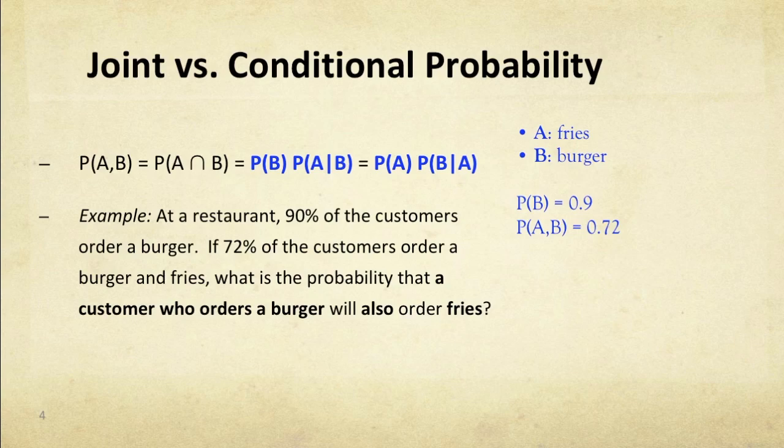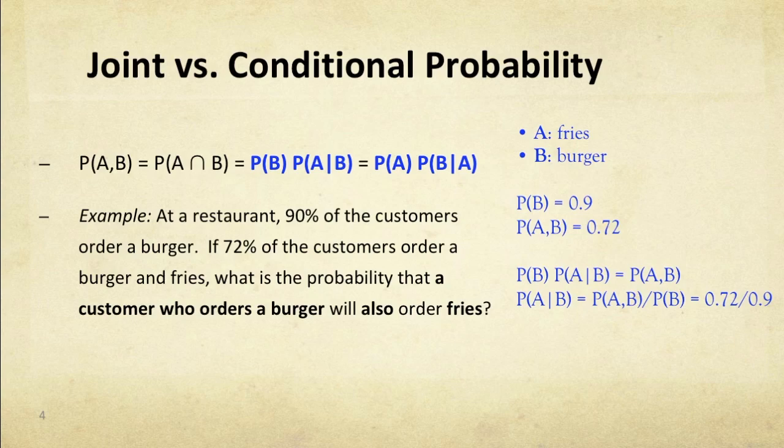Now from the formula that we have here, P(B) times P(A given B) equals the joint probability P(A and B). So we can write this out. And if we divide both sides by P(B), we get P(A given B) equal to P(A and B) divided by P(B).